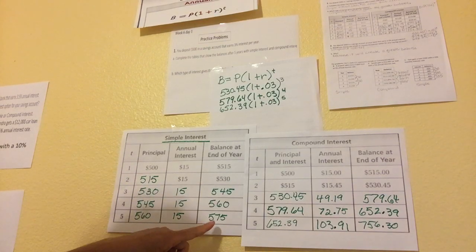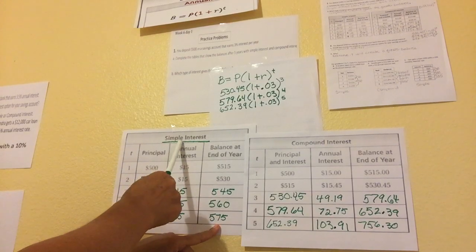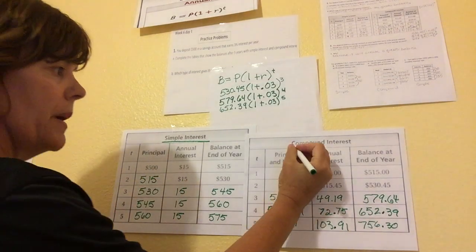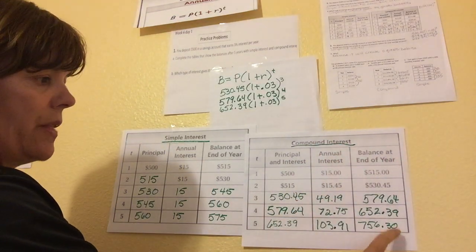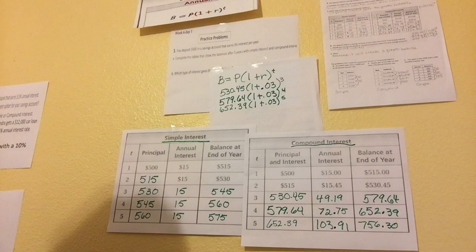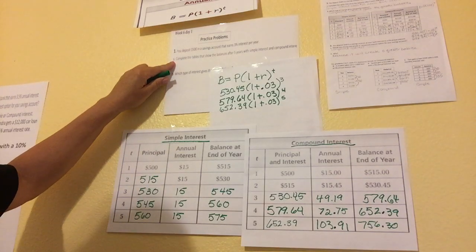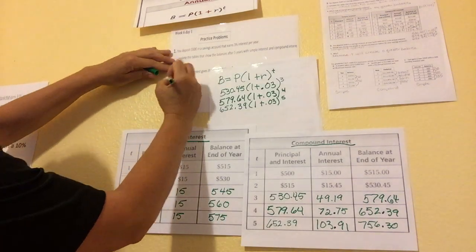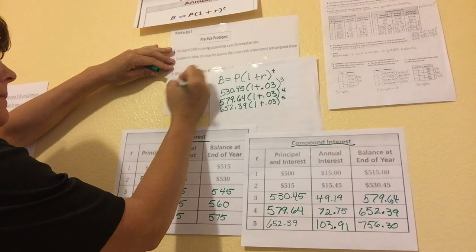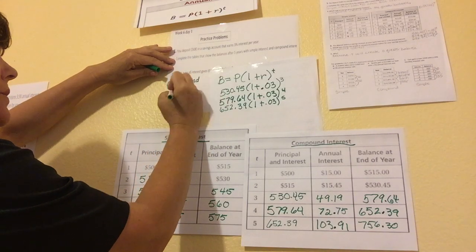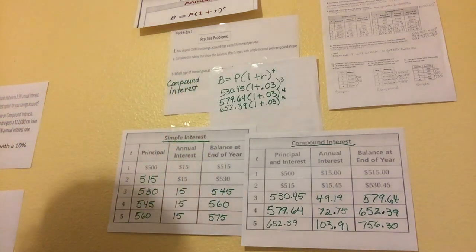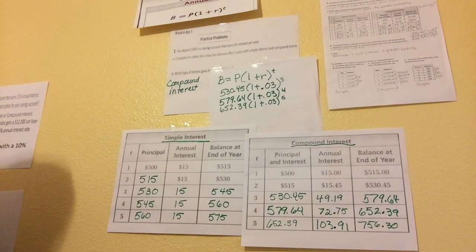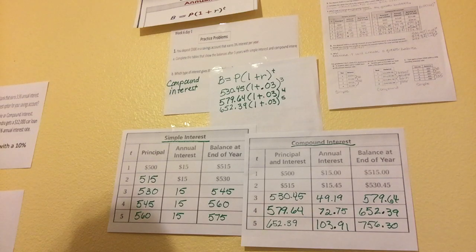So at the end, I have $575 for simple interest, but compound interest, I have $756.30. So for B, I would put compound interest. That's the one that's going to give me the most. So that's for number 2.